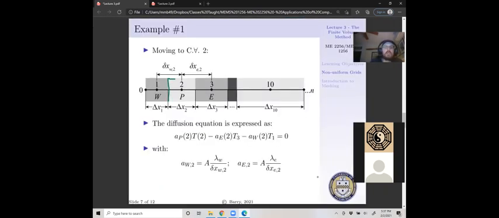control volume 2. We're going to shift our stencil downstream. So what we do is we write our diffusion equation, AP, and within parentheses, recall that 2 is indicating that we are operating on our second control volume, times T2 minus A east T3.